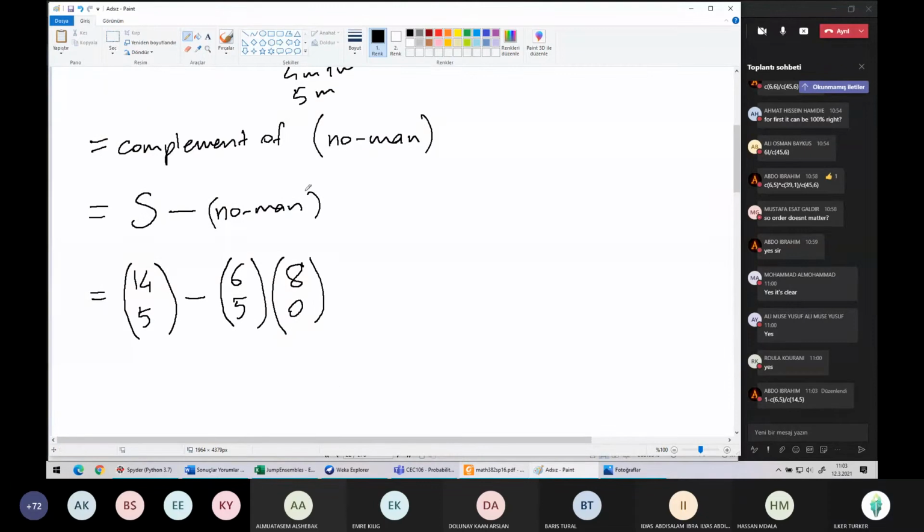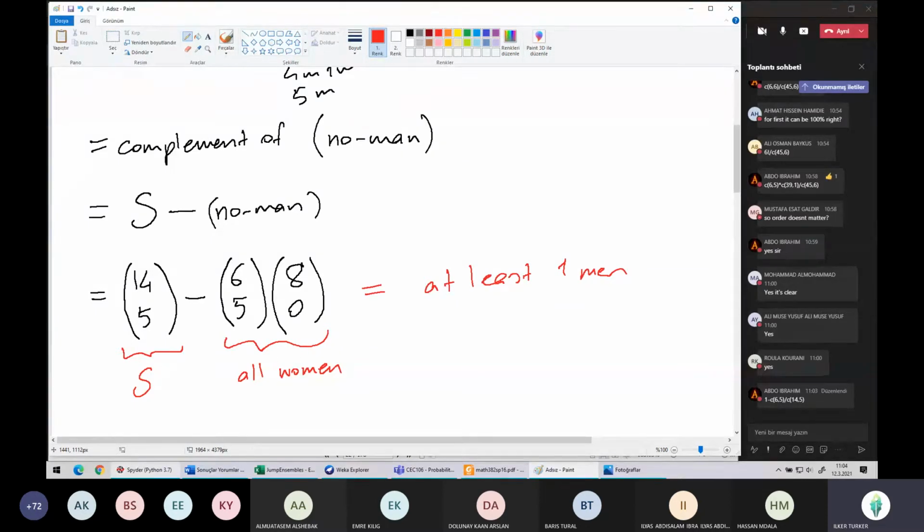Okay. So this means all women, and this is the sample space, which gives us at least 1 man.